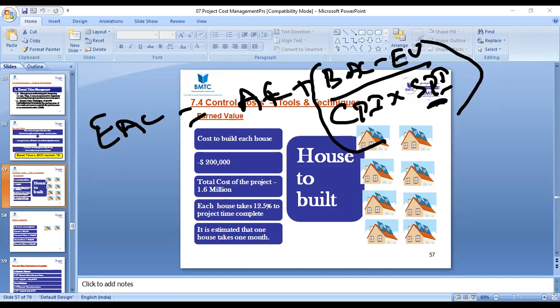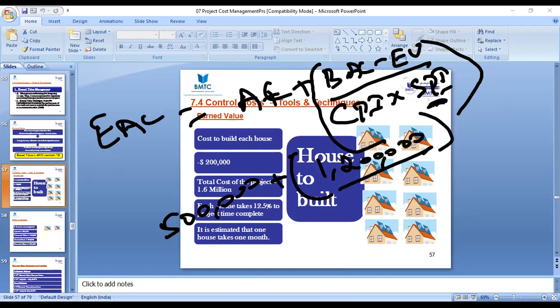So here, what is your actual cost at the end of the 3rd month? It's 500,000, right? Right or not, guys? Yes. And what is your BAC minus EV? BAC is 1.6 million, EV is 400,000, so you get 1.2 million, right? What is your CPI? 0.80. And what is your SPI? 0.67, right?